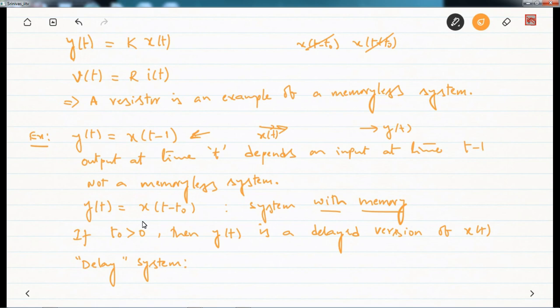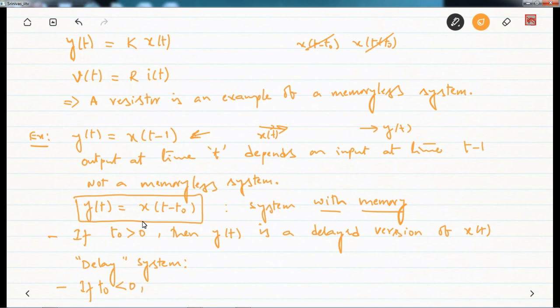And then let's see some more examples. In the same system, if t naught is less than 0, say if t naught is minus 5, then y of t is equal to x of t plus 5, right?